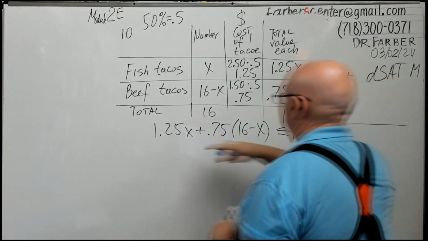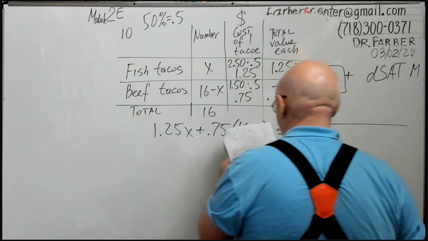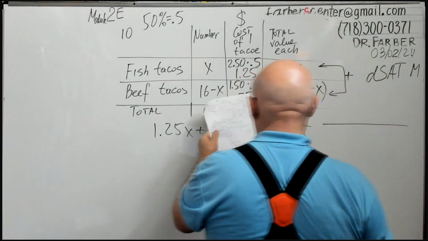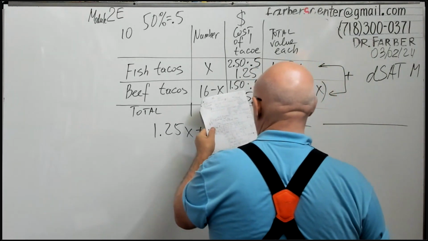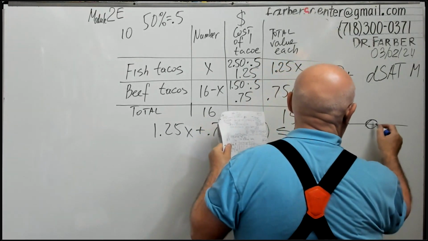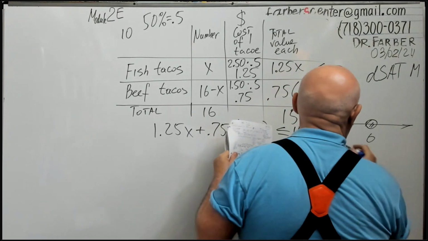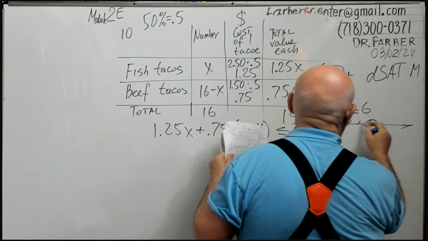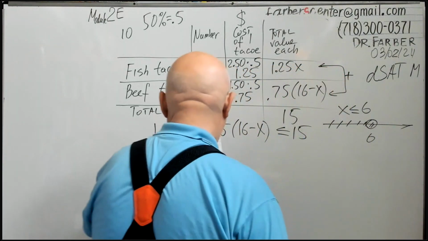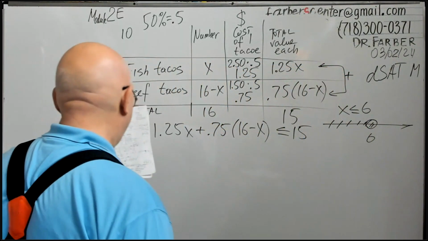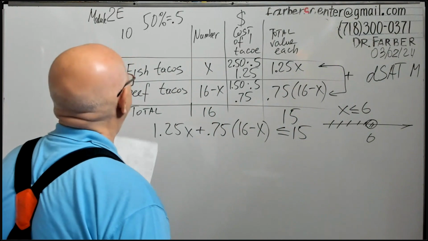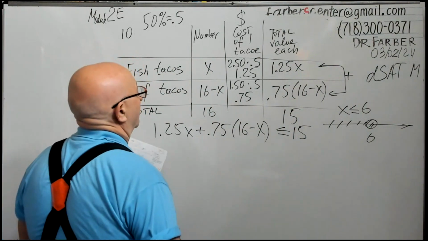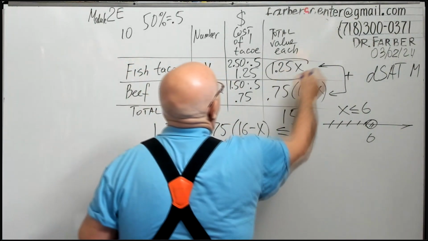This is just like terms, find x. And you found, I got this picture. This is 6. And x less or equals to 6. This is my solution set. But it would not be the answer because they ask you about this one, fish tacos.